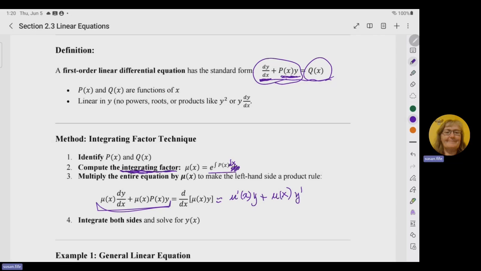So let's see what we have here. We have mu of x times the derivative of y, that's this term right here, and then the second term, mu of x times p of x times y. The question is, is mu prime of x equal to mu of x times p?